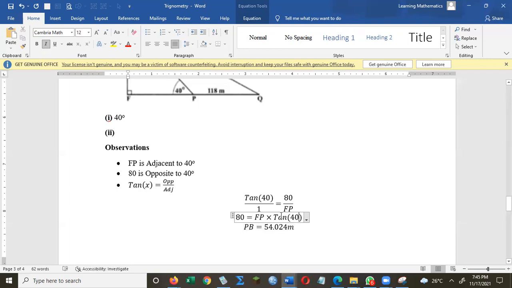So what do you do now? We have to divide by tan 40 to find what is FP. FP is 80 divided by tan 40.